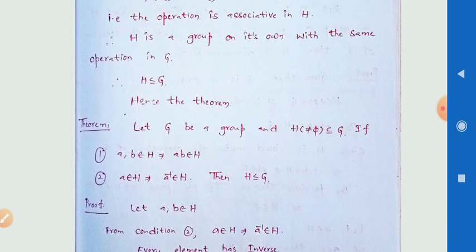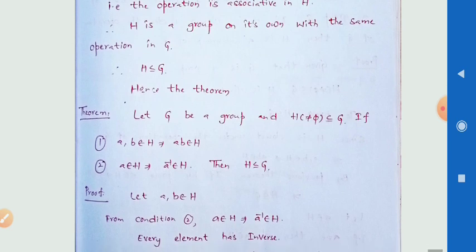Here the first two conditions are given. The first condition shows that a, b belong to H implies ab belongs to H. This condition is the closure property. The second condition, a belongs to H implies a inverse belongs to H, means the inverse property is also satisfied. For H to be a subgroup of G, we have to show only two more conditions: the associative property and the identity.